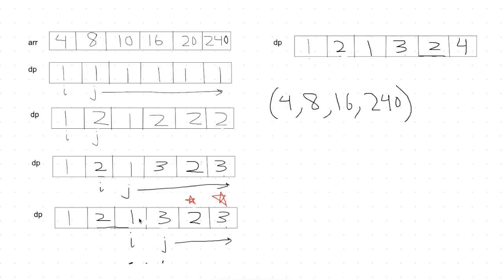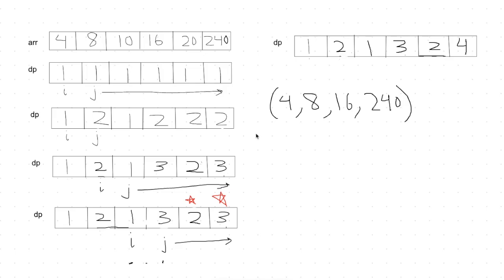However, notice that 3 is more than 1 plus this value here. So this implies that our dp equation is actually going to be the max of what it was currently, or 1 plus dp of i. Whichever one is higher, that's the value that we'll take. That's why we keep this at 3 as opposed to updating it to 2.